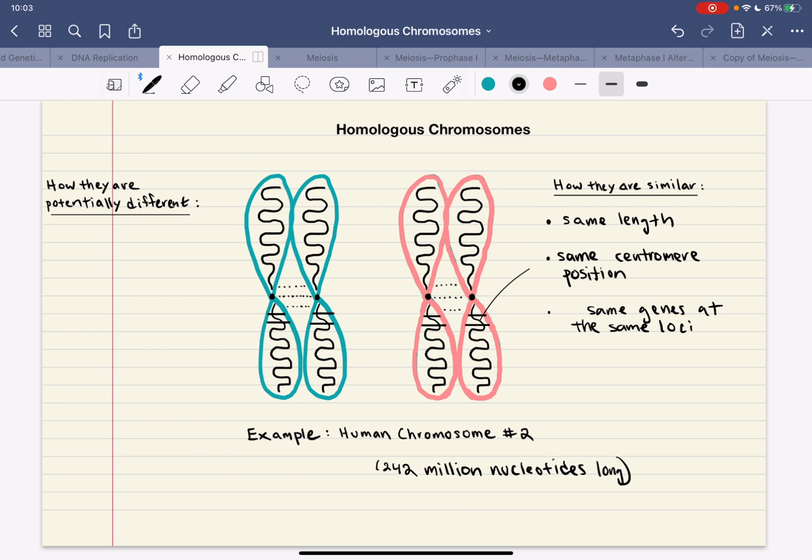We all have it. The gene that I'm choosing is called the lactase gene. We're going to call it LCT for short.